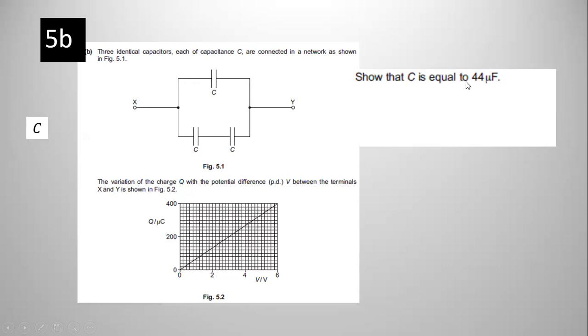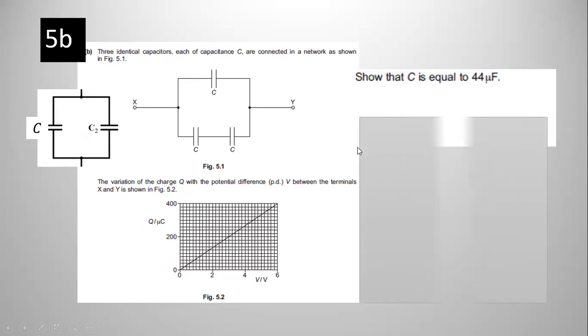Show that C is 44 microfarad. Okay, combine these two together to get one of them. And then this one will be the same C. That's the reason why they ask you to derive.